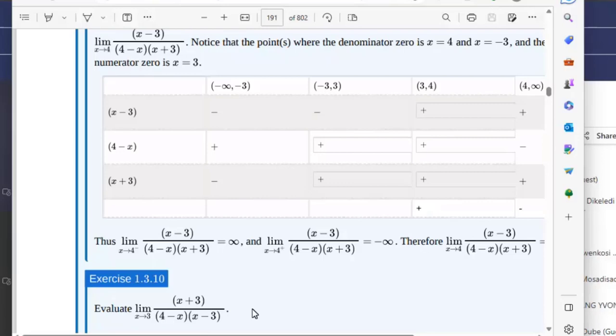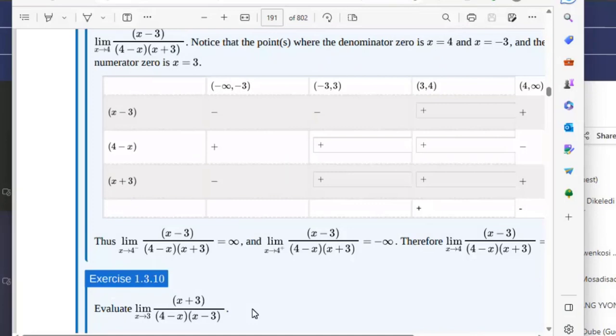Oh, okay. Now you changed tune from negative infinity. Let me write it down. Vuyo, you got +6, my brother. How did you get that, Vuyo?